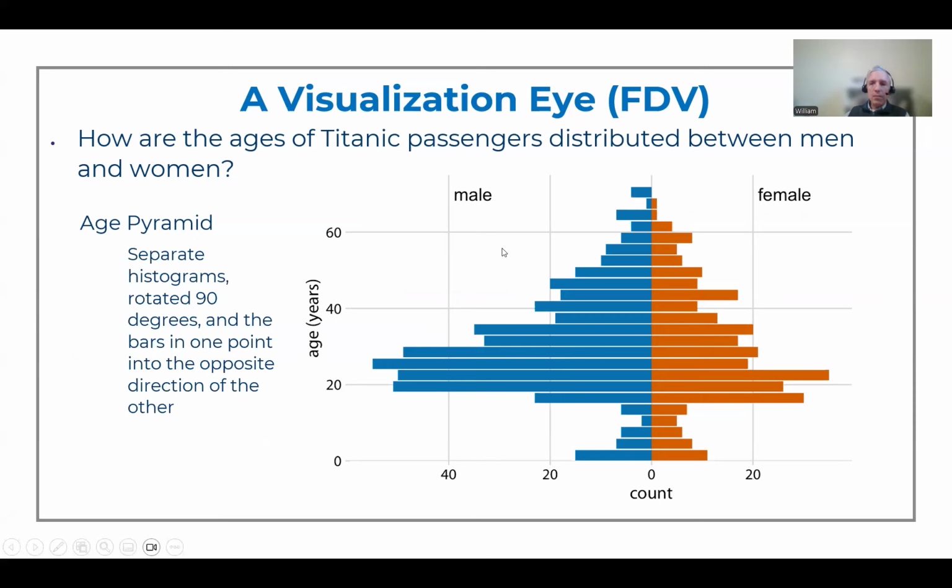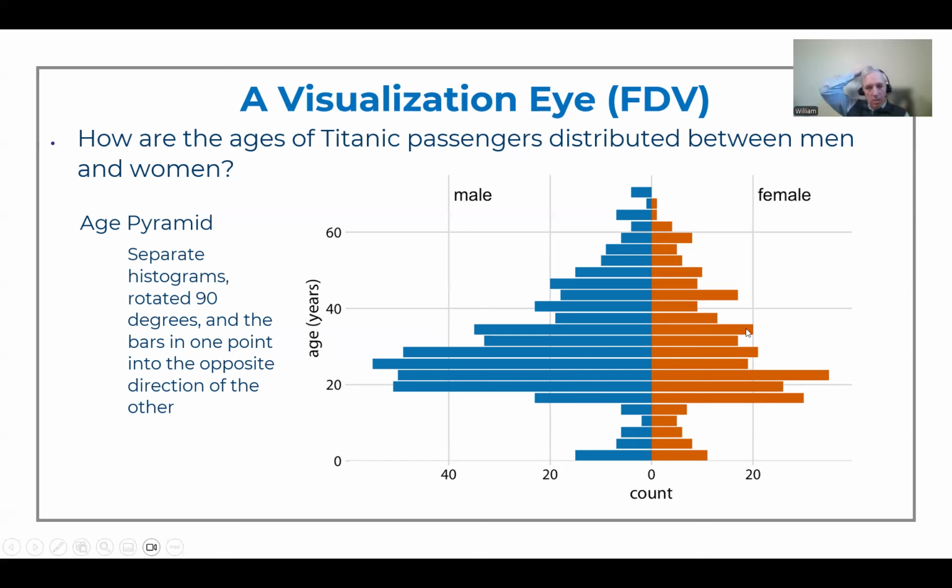Now, this chart is called an age pyramid, and this, in my opinion, works really effectively. It's still a histogram, and zero is out here somewhere. And then what you do is you plot the male counts on the left-hand side and the female counts on the right-hand side, and you put those side by side.